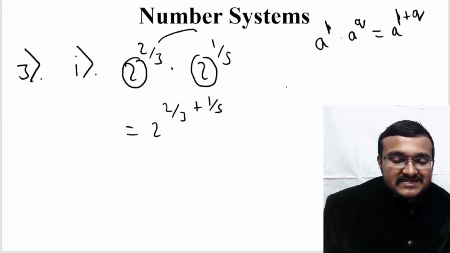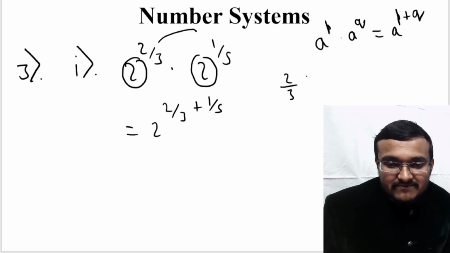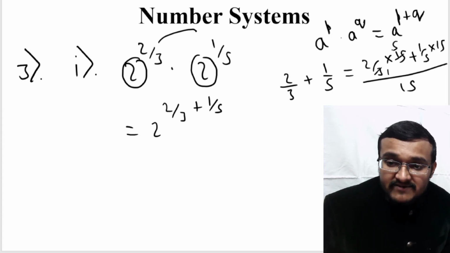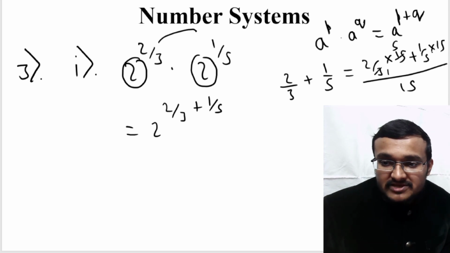Now you have two rational numbers. So 2 by 3 plus 1 by 5, you can write this as 2 by 3, into 5, 3 is the 15, plus 1 by 5 into 15 whole divided by 15. So this is nothing but 3 ones are 3, 5 3s are 15. So 5 will be there here, 5 ones are 5, 5 3s are 15.